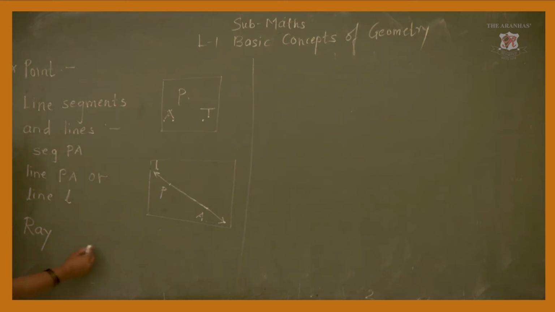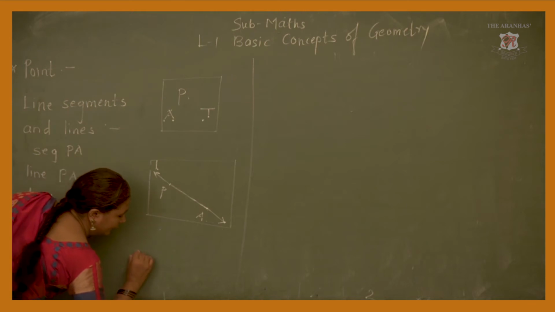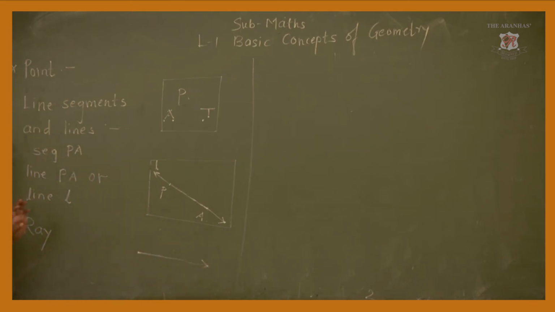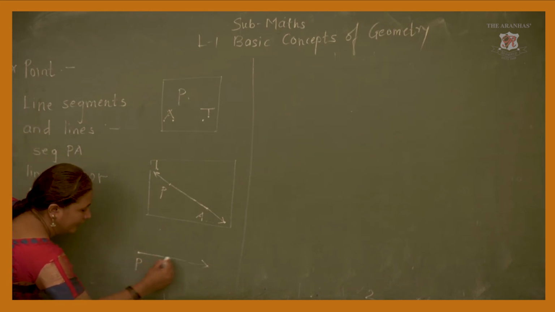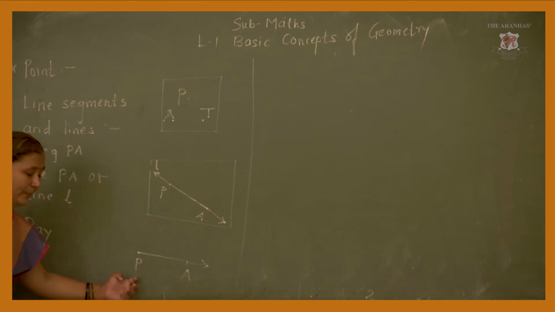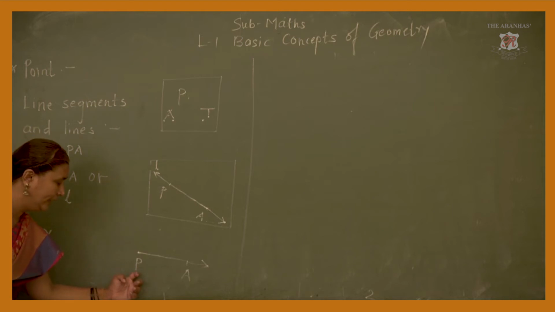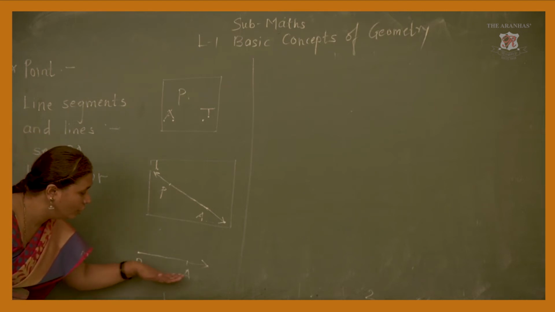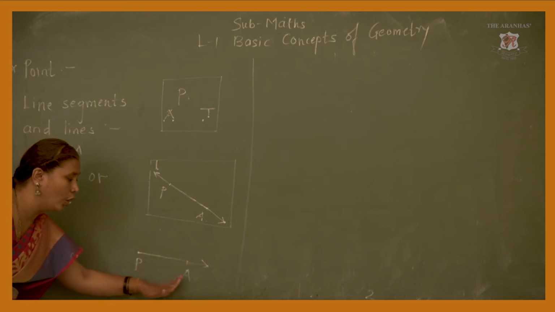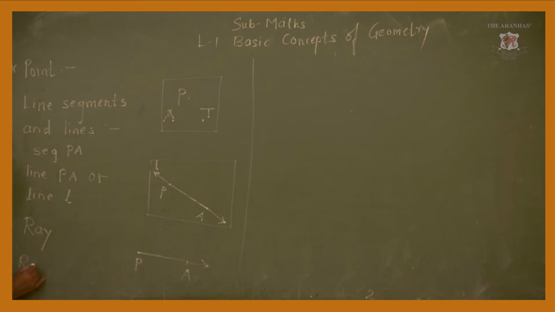Now by the figure, if you have to draw the figure of a ray, we have to draw it this way. PA. Now take the point P. P is the starting point. It is the origin. From P, the line goes in only one direction. So it is called ray PA.